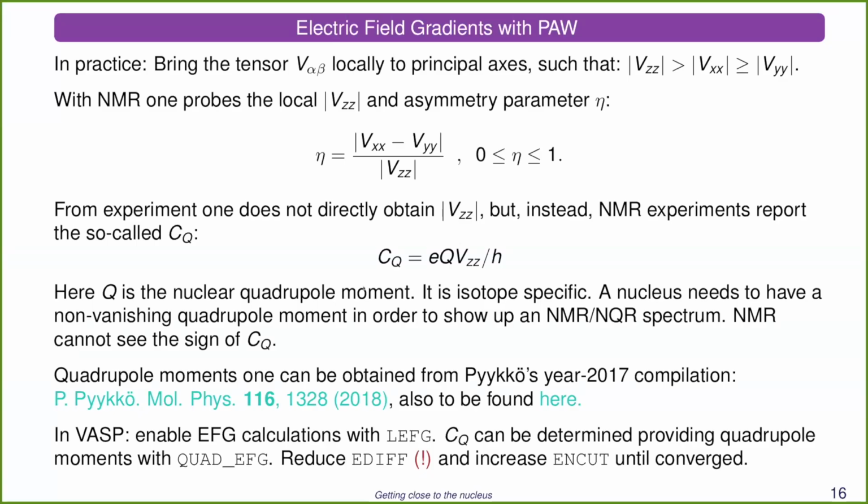There are many isotopes that do not have a nuclear quadrupole moment, for example, carbon-13. And if it is not there, you can actually calculate VZZ, but you cannot measure the CQ because this thing here is 0. And so you need quadrupolar nuclei to actually see this. You need this in order to calculate the CQ and compare to experiment.